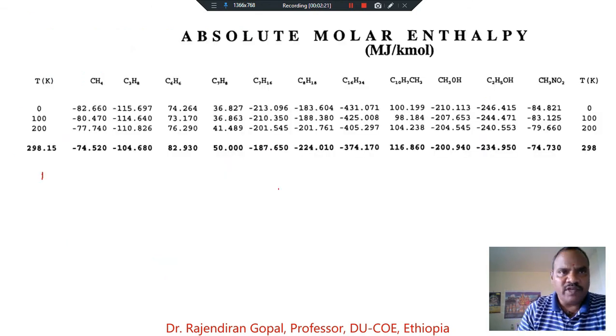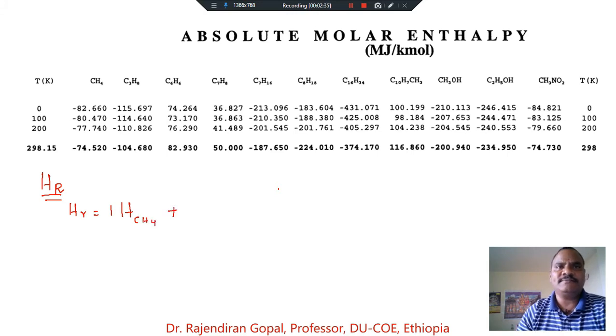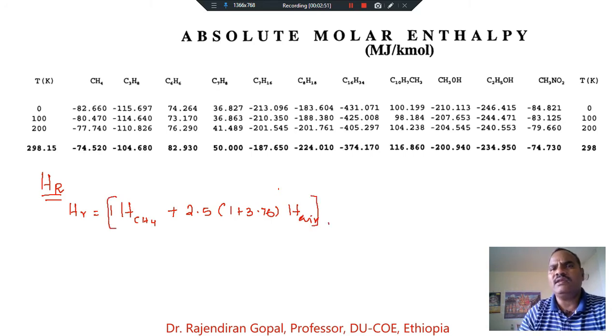The first term, enthalpy of the reactant, HR, is equal to enthalpy of 1 kilomole of methane plus 2.5 multiplied by 1 plus 3.76 kilomole of enthalpy of air at 298.